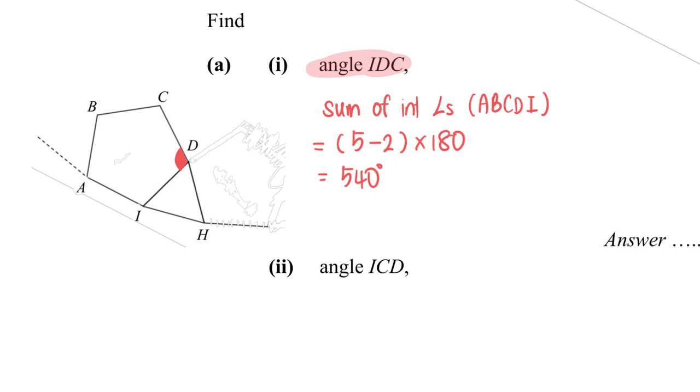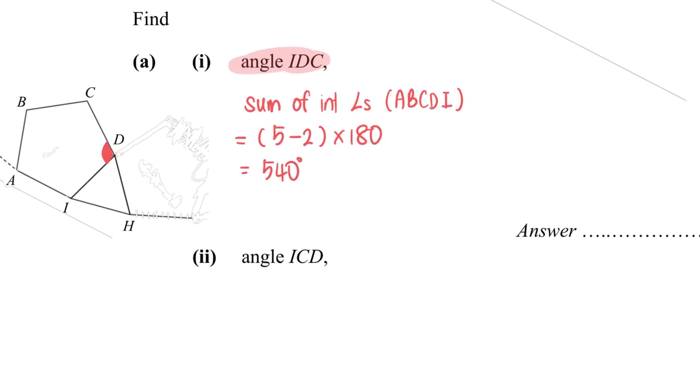And so there are 5 angles. So angle IDC will be equal to 540 degrees divided by 5. That will give me 108 degrees.